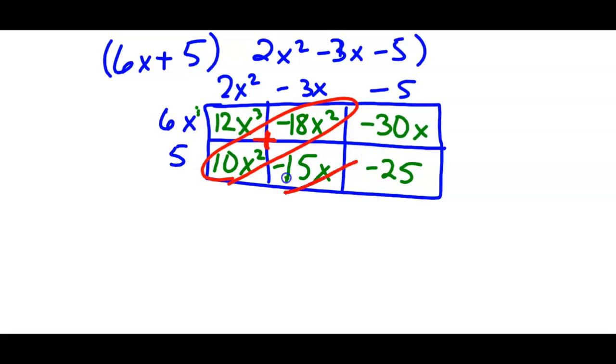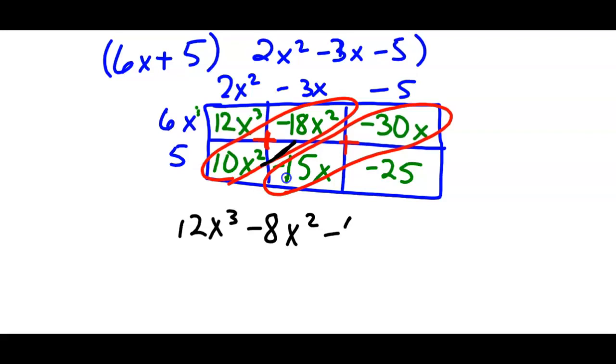And then, these are like terms as well, so we need to add those together when we write our answer. So 12x cubed comes down, I need to add these together. 10 plus negative 18 is negative 8x squared. Negative 15 plus negative 30 is negative 45x minus 25. So you see where it comes from on the box method?